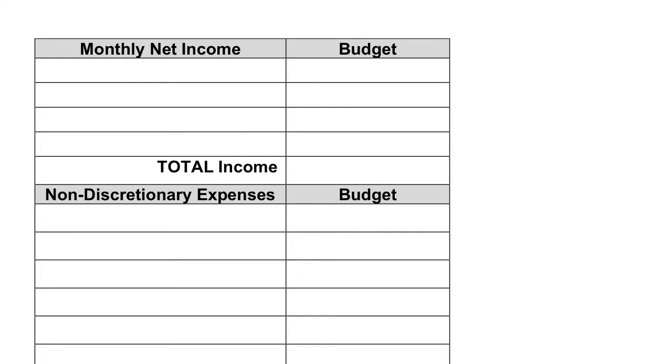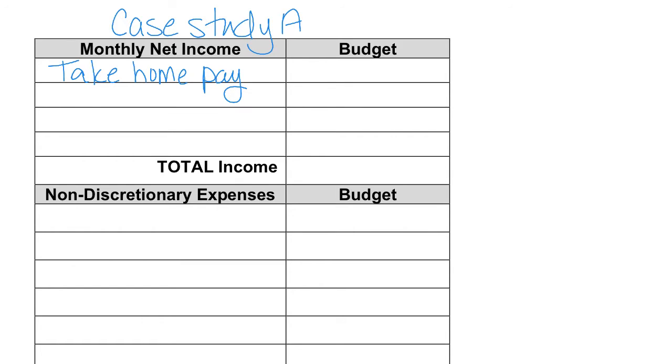So you should have a copy of this in your duotang. So for case study A, again, I'm doing case study A. She had her take-home pay, and that take-home pay was $2,314.92.